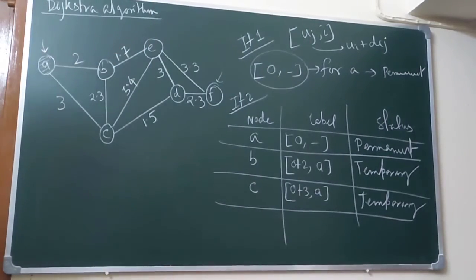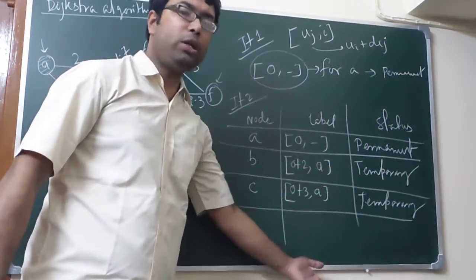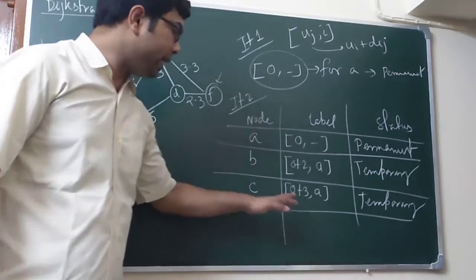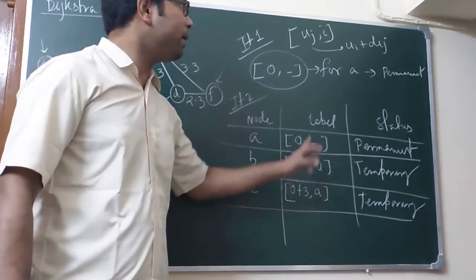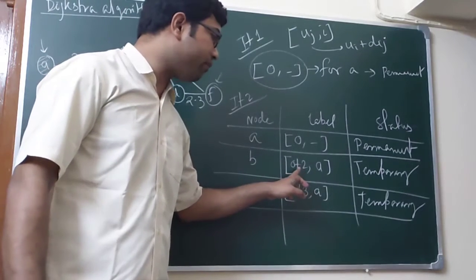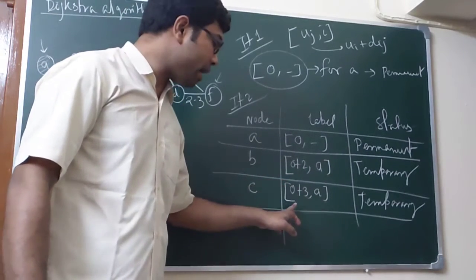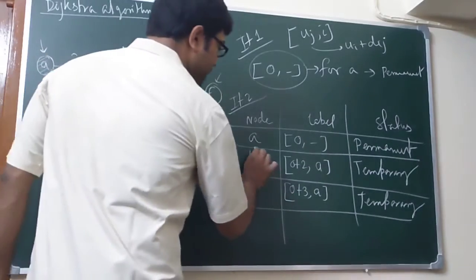Now if there are two, three, four or more temporary nodes, then we have to take the node which has the minimum uj value. For node B we have uj value 2, and for node C we have uj value 3. Which one is smaller? B is smaller.